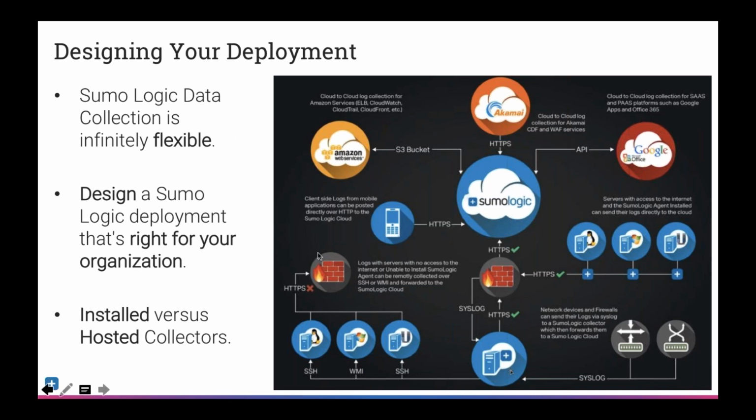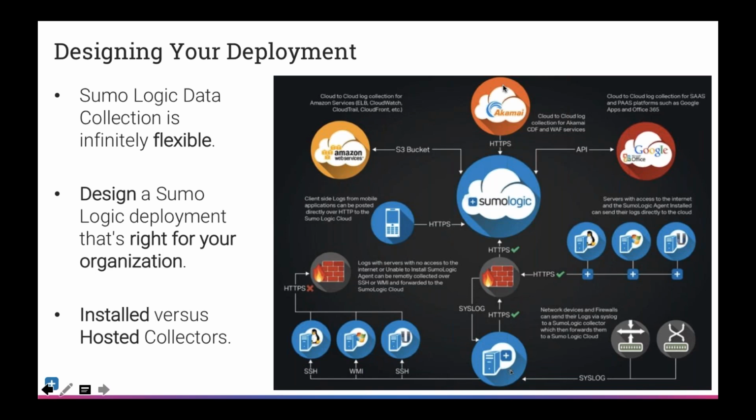So if you look at this screen here, picture at the right-hand side, everything at the top of that screenshot is what we call a hosted collector. And by hosted collector, we mean cloud-to-cloud integration. For example, here in the top left, you can have cloud-to-cloud integration from your CloudWatch, from your ELB, from your CloudTrail, everything coming from your AWS services into Sumo Logic.